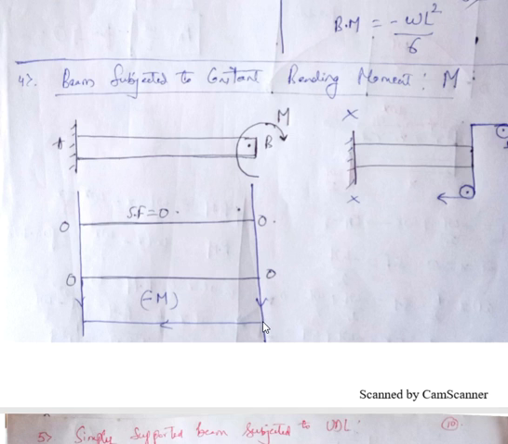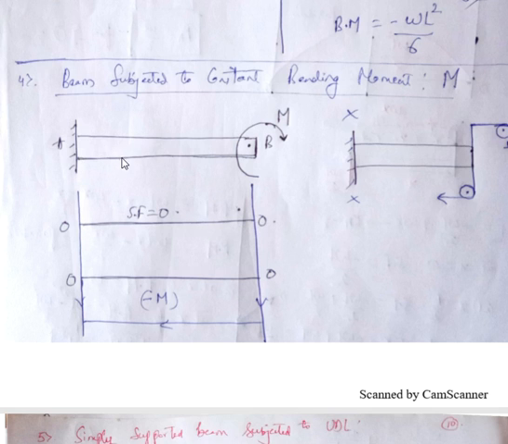Once we reach M in downward direction, the line will be horizontal, because it is neither going to increase nor decrease, it remains constant throughout the length. If you look at the shear force, it will be 0, so it is just a straight line.